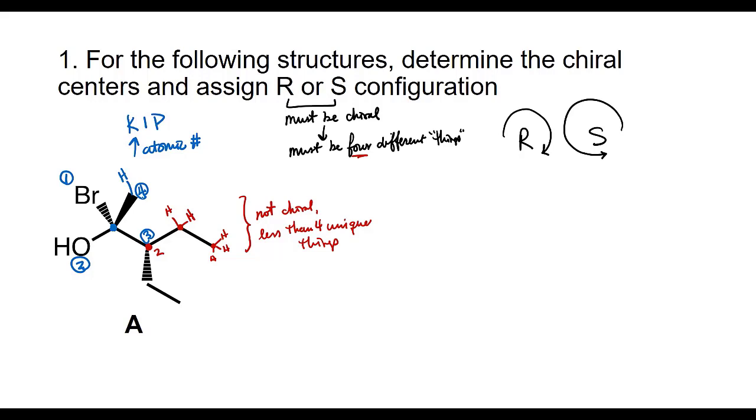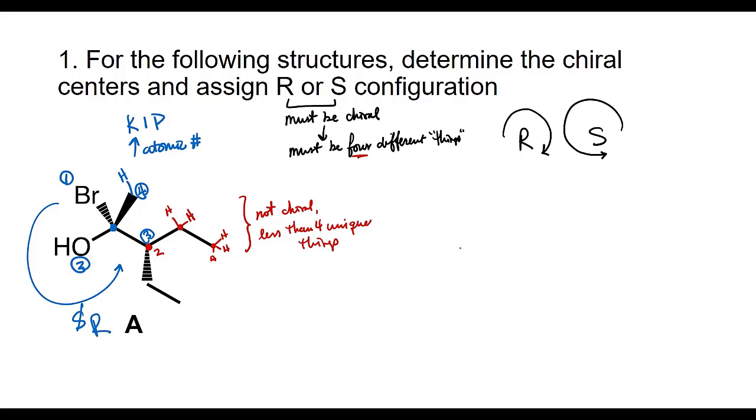So right now I'm going to go this way. What is that? S. But because the 4 is facing towards me, I switch it to R. Basically what I'm saying is I rotate it, and then I'm looking at it from the other side. So I switch it, and this works because let me draw it the other way, okay?